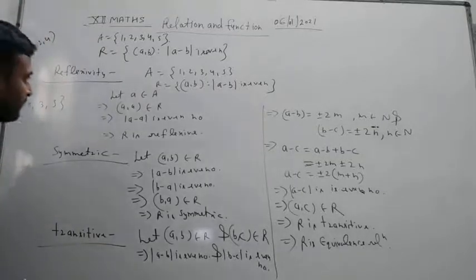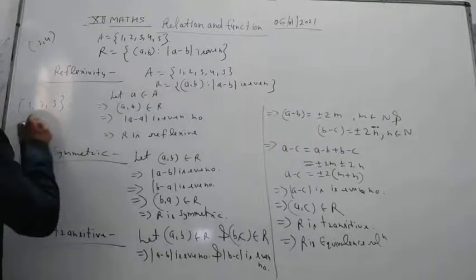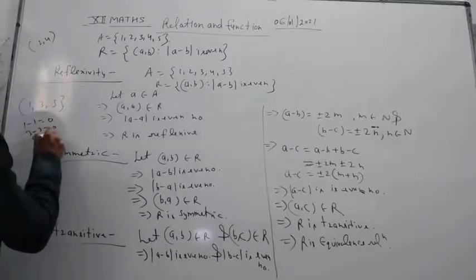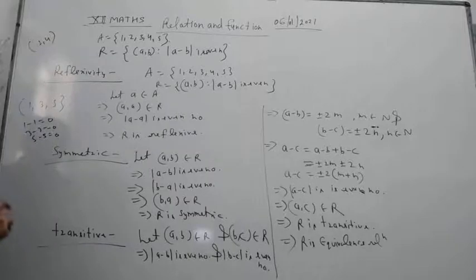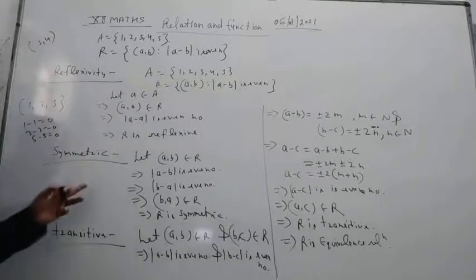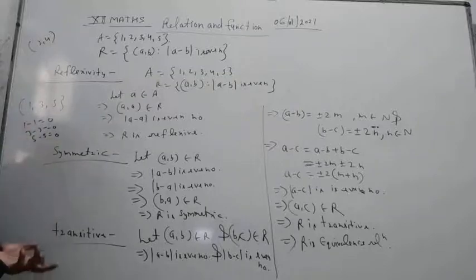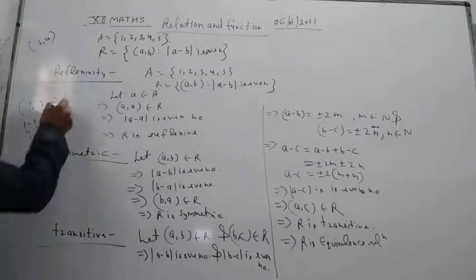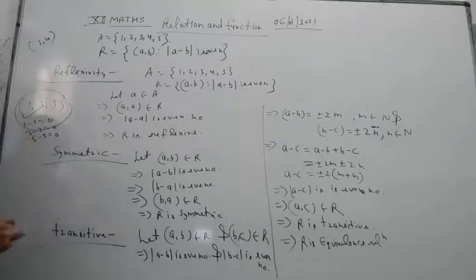So we are seeing that if we take 1 minus 1 is 0, 3 minus 3 is 0, 5 minus 5 is 0. And if we take the difference of these two, 3 minus 1 is 2, 5 minus 3 is 2, and this is also an even number. So the elements of this set are related to each other.